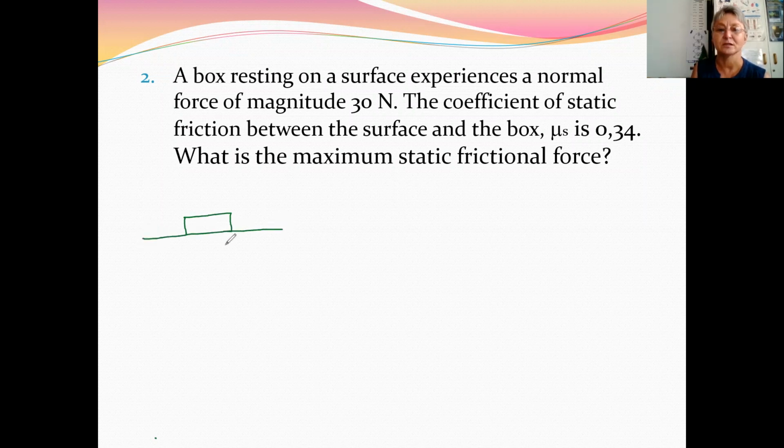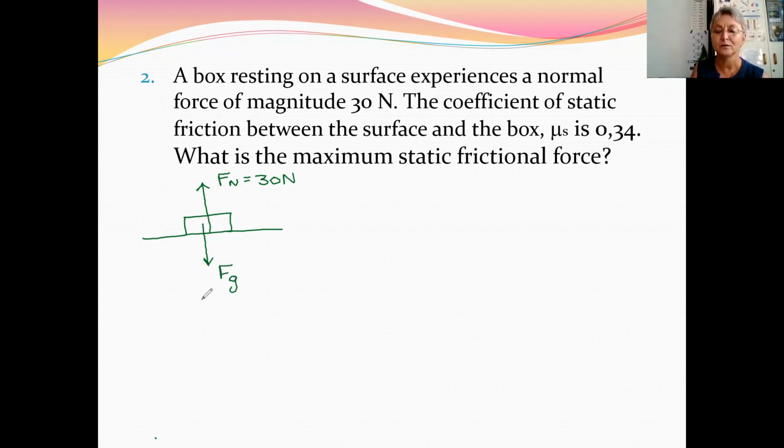So here the box is standing on a flat surface. The normal force experienced is 30 newtons, so it's given. There will be a gravitational force.